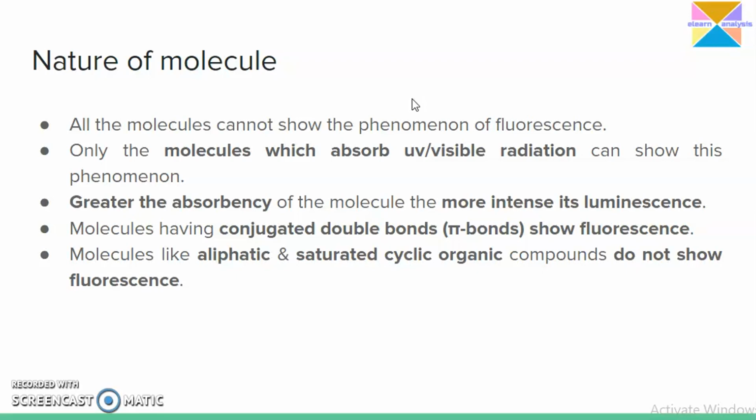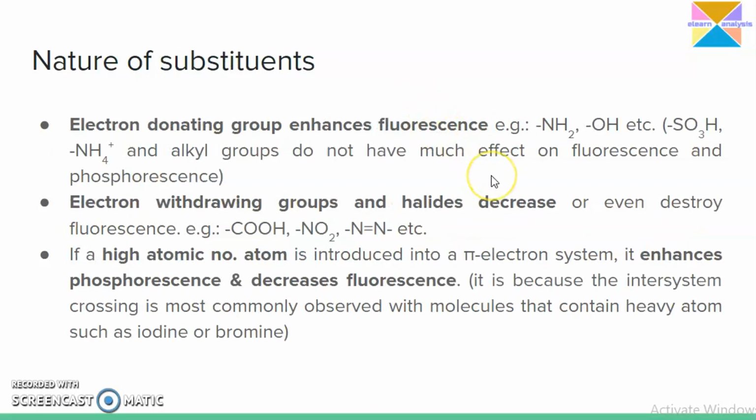Molecules having conjugated double bonds, especially pi bonds, show fluorescence. Molecules like aliphatic and saturated cyclic organic compounds do not show any fluorescence. So we need to have a bit of unsaturation in the molecules so that they show the fluorescence phenomenon.